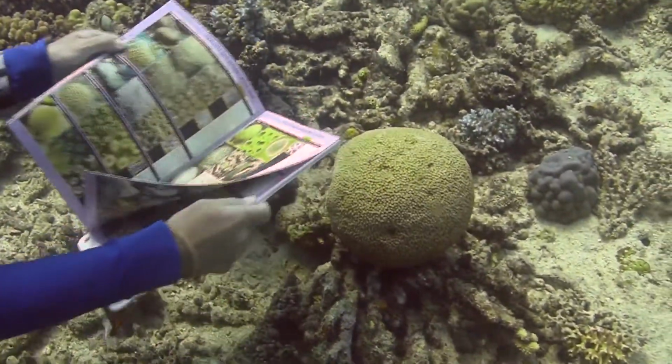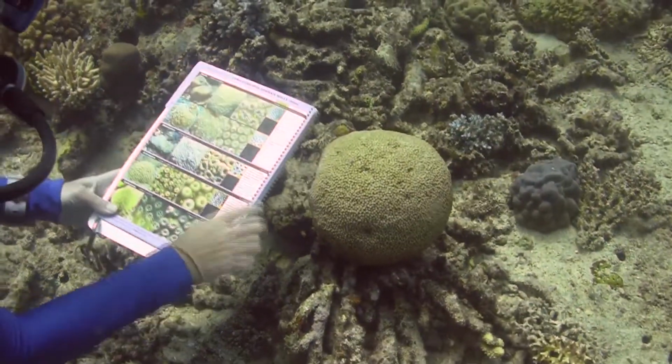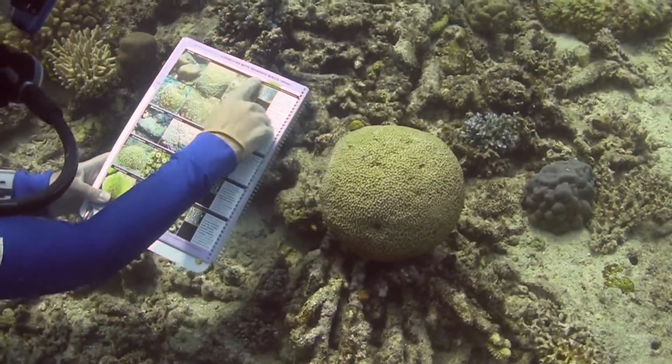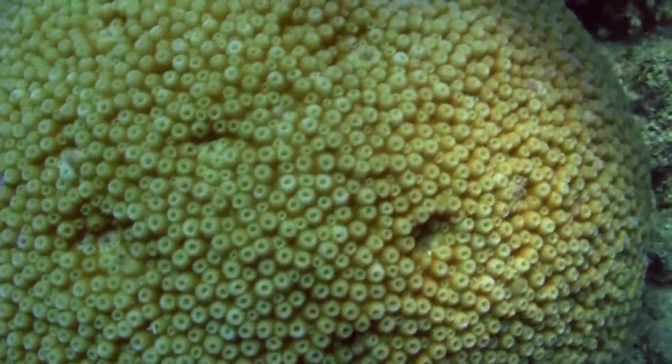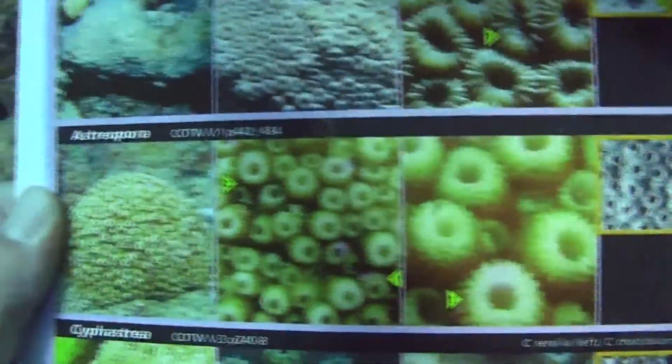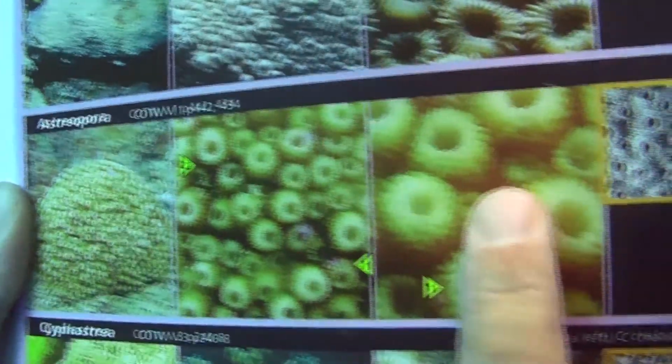You are then sent to a page in the Coral Finder where you are most likely to find the coral's name. To do this, you need to understand the Coral Finder's structure and logic. The rest of this movie, and those that follow, show you how to use the Coral Finder to solve what are essentially visual problems.